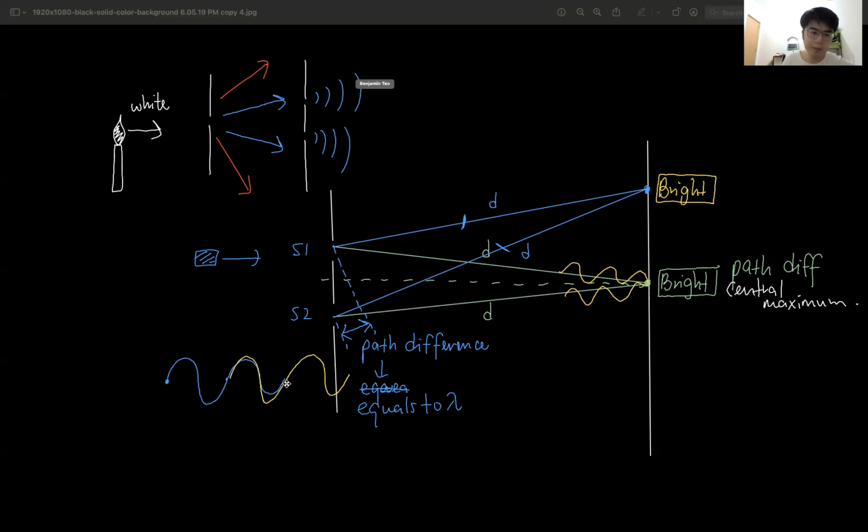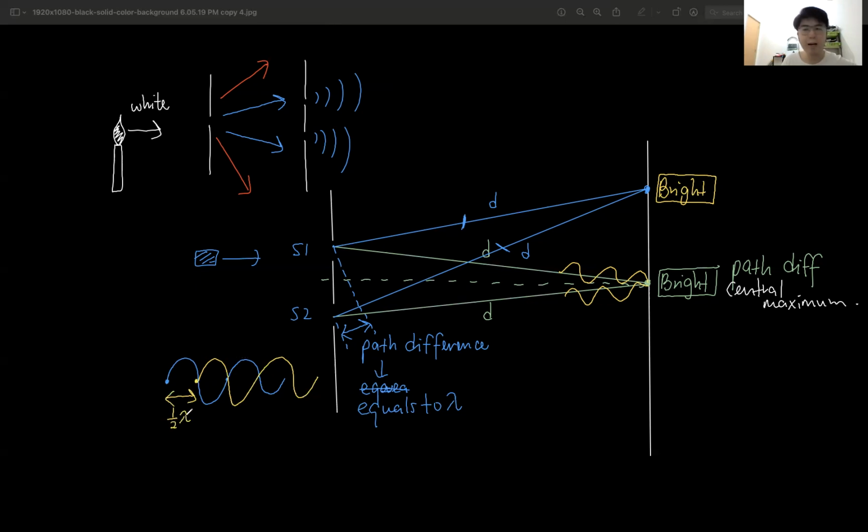If the path difference is like this, what is this path difference? This is half a wavelength. You take one point here and measure this one. This is half a wavelength.